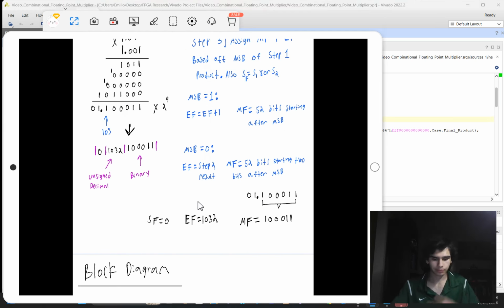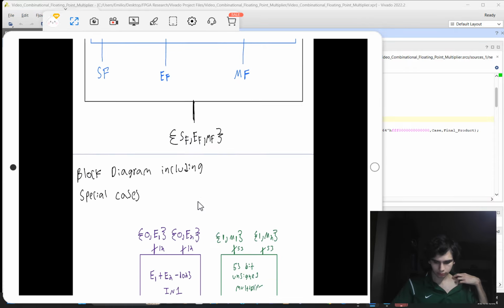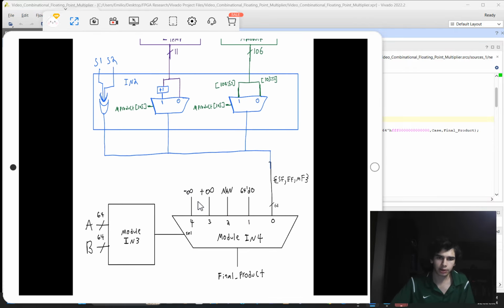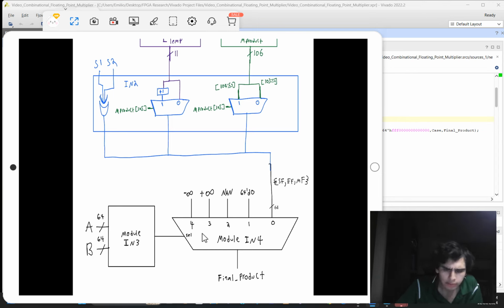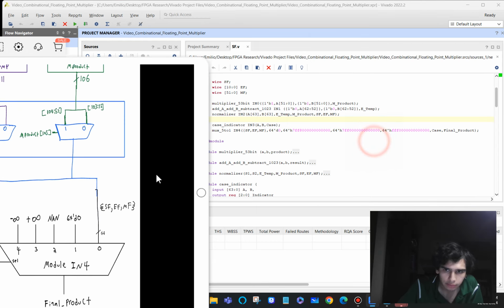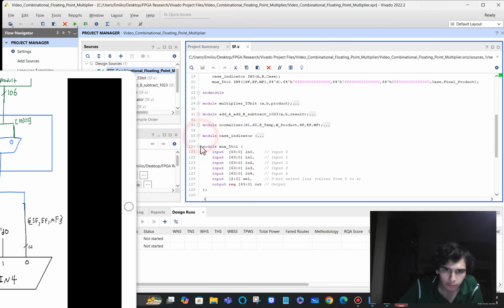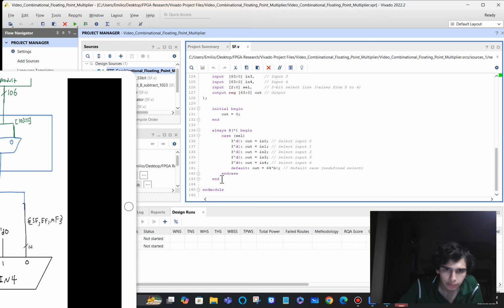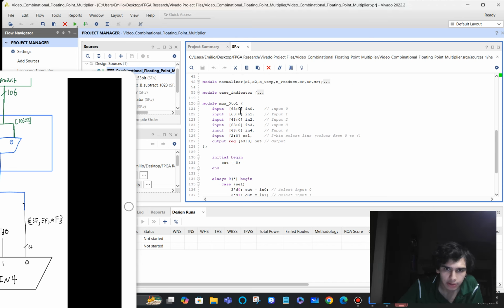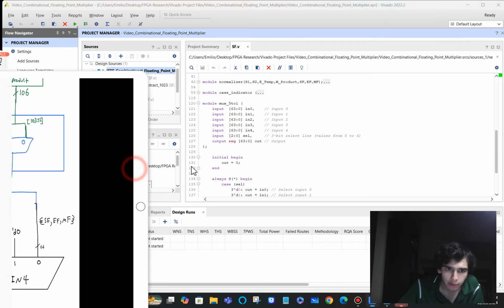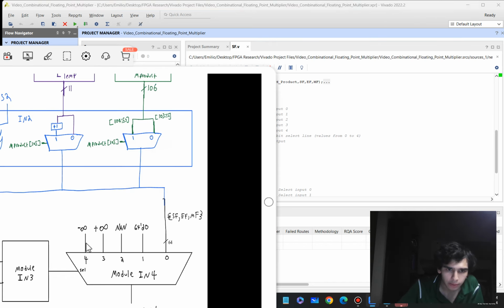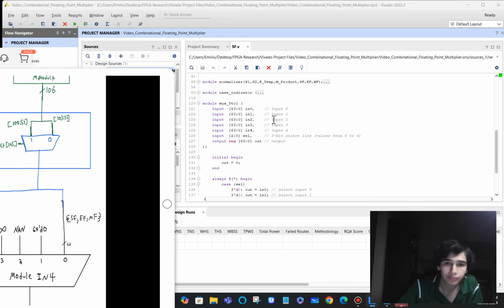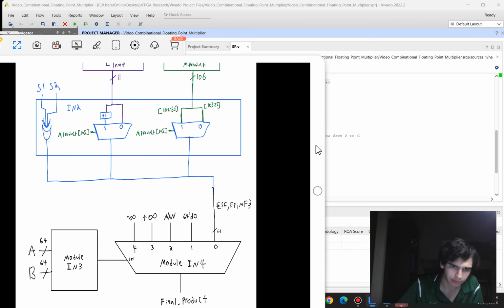But then for the full functionality where you include the special cases, you're going to need a multiplexer, which this simple circuit implements. We take our 5 floating point inputs, index 0 to 4. Got our select line, 3 bits to represent all the numbers.